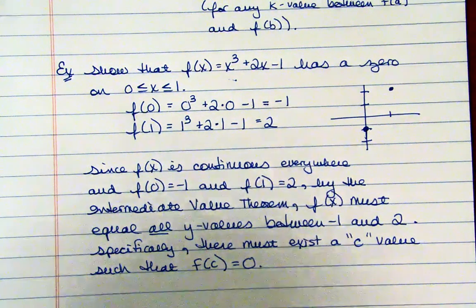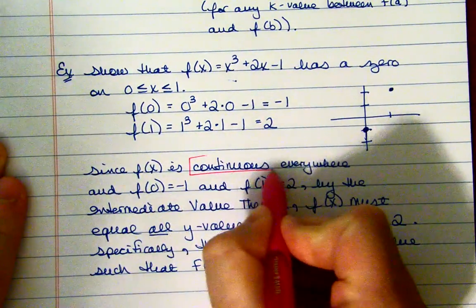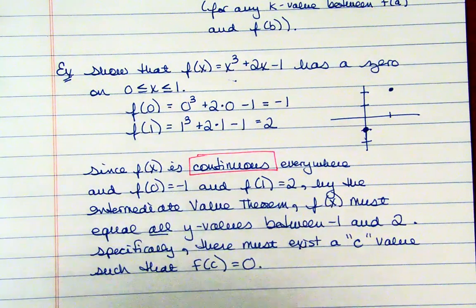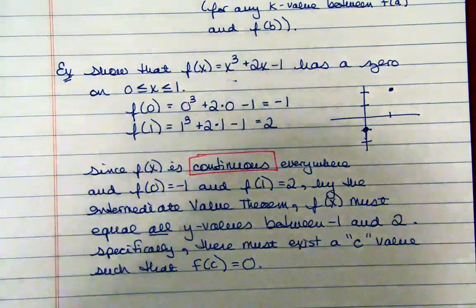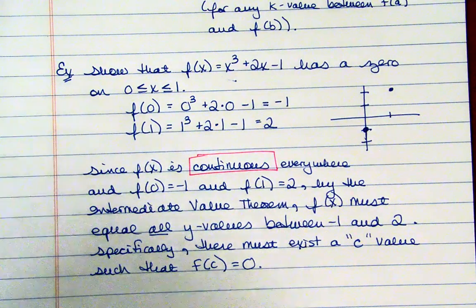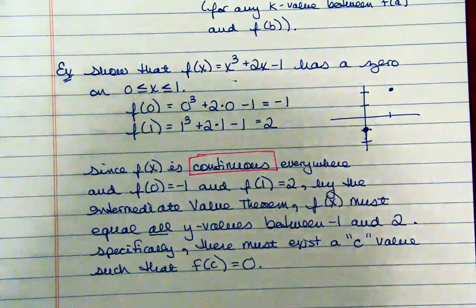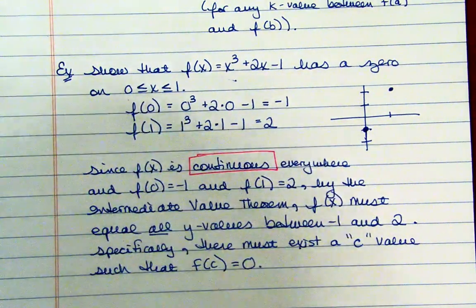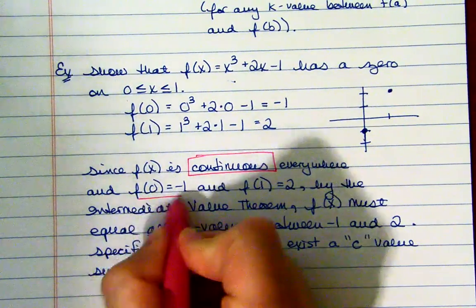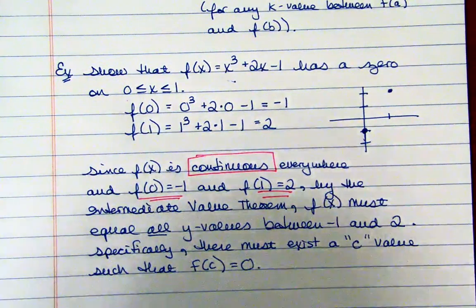There are several ideas that must be included here. You must explicitly mention that the function's continuous. Well, and I think before you do that, you've got to make sure your function actually is continuous. No zeros in denominators, no jumps from one piece of a piecewise function to another, at least over the interval that we care about. In this case, it was 0 to 1. You need to find the y values at the endpoints. I found f of 0 and f of 1.